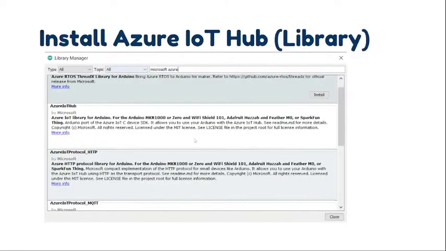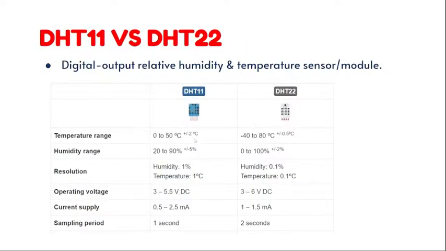And you need an Azure IoT Hub library. Most probably it will be there by default. If it is not there, you have to install the Microsoft Azure IoT Hub library by Microsoft. So you have to install the board manager and the three libraries: the DHT sensor library, the Adafruit Unified Sensor library, and the Microsoft Azure IoT library.